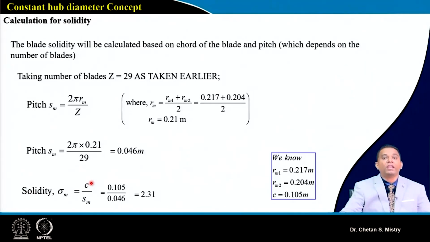Same way, in the earlier design we assumed the number of blades for the rotor as 29, so we will not be changing those number of blades. Okay, the number of blades we assumed to be 29, same we put here, and that gives us the pitch to be 0.046 meter. Now based on pitch and chord we can calculate our solidity, and that is coming as 2.31.